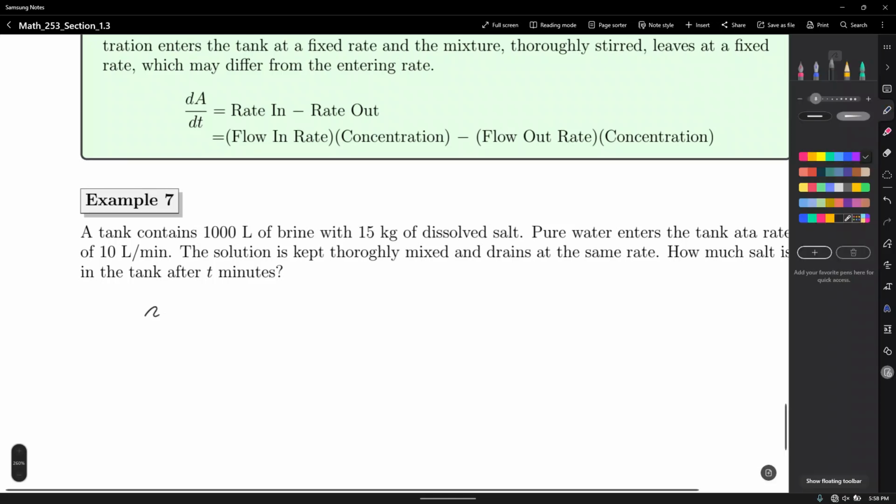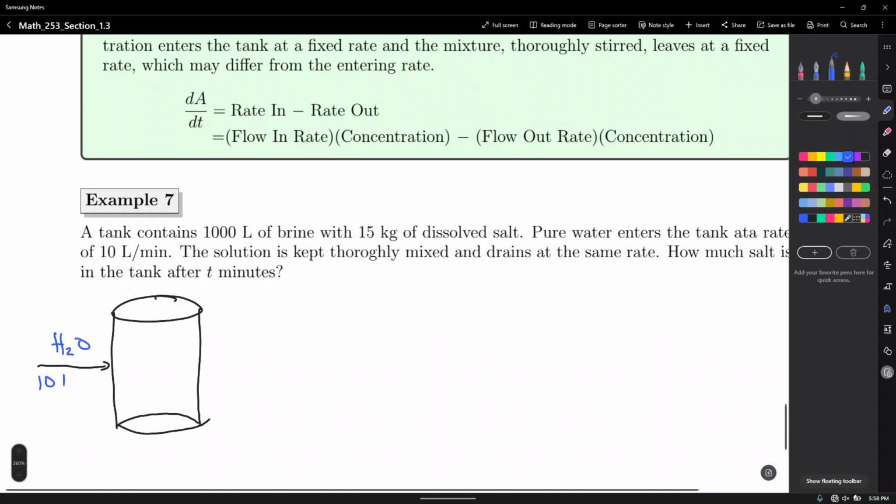So what do we have? The big container. And what do we have? Okay. Coming into the tank, we just have water at a rate of 10 liters per minute, okay? 10 liters per minute.